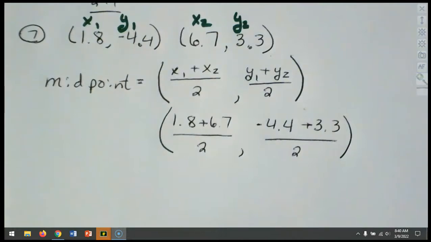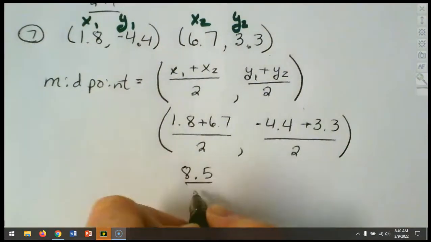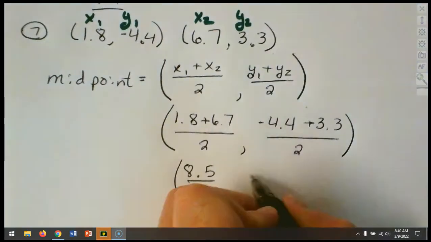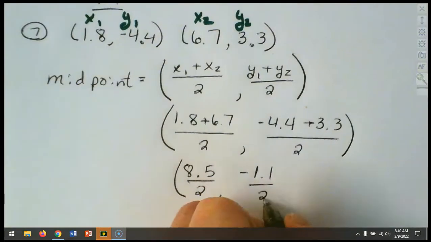We have 1.8 plus 6.7, and that's 8.5 over 2. Then we've got a minus 4.4 and a positive 3.3. The larger one's negative, so that's going to be a minus 1.1 over 2.